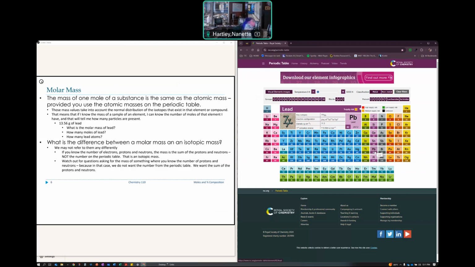The molar mass of lead is 207.2 grams per mole. So if I have 13.56 grams of lead, that's the mass that I was given. I want to know how many moles that is.